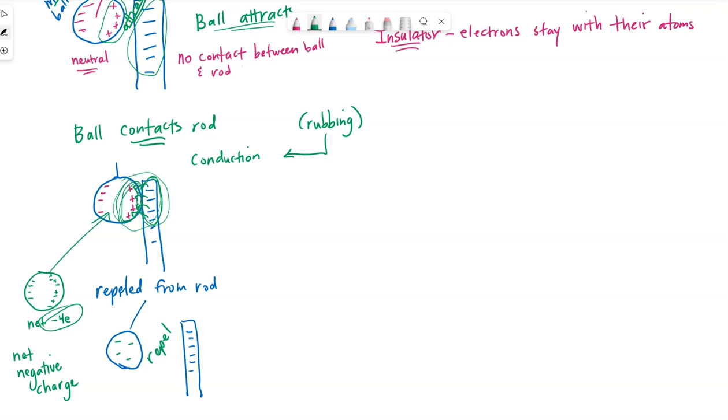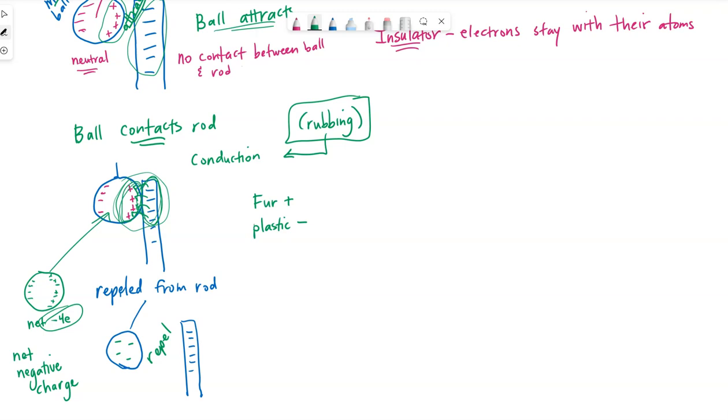So we can easily charge an object by rubbing. In this example, fur rubbed on plastic of some sort, the fur loses electrons to the plastic, and the fur becomes positively charged, the plastic becomes negatively charged.